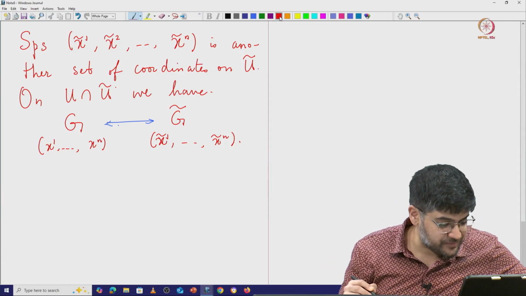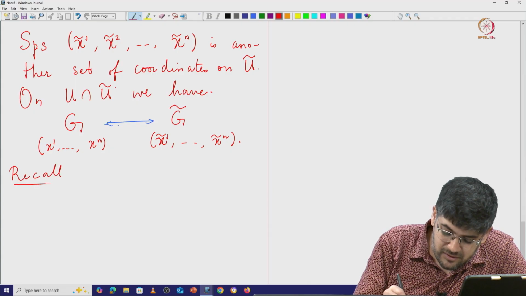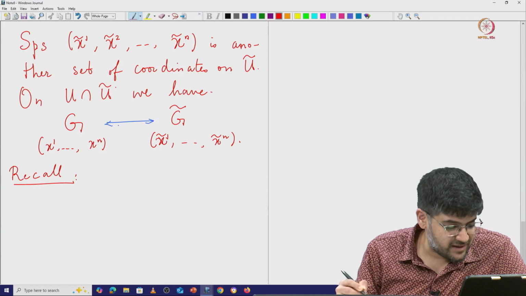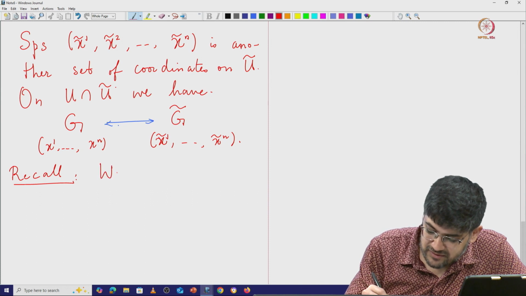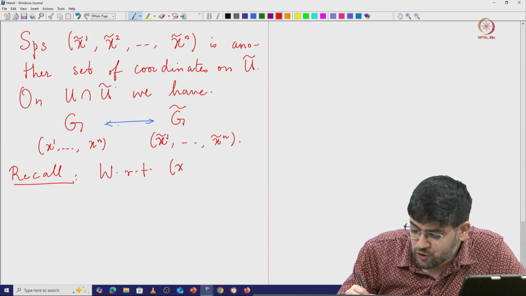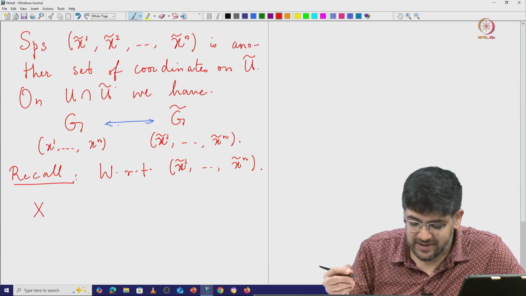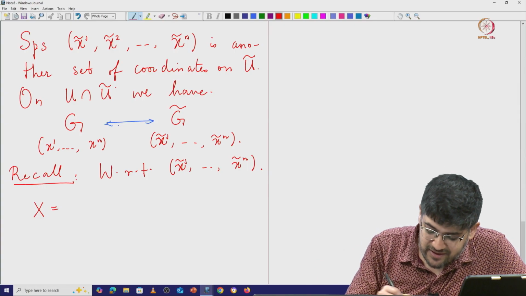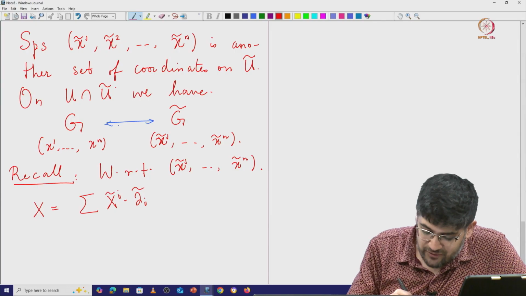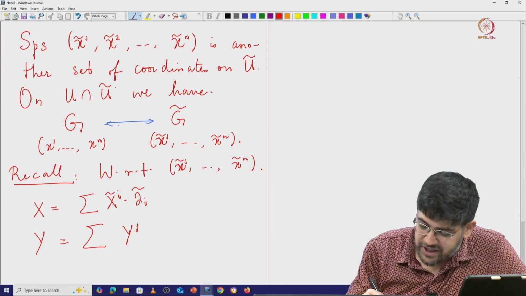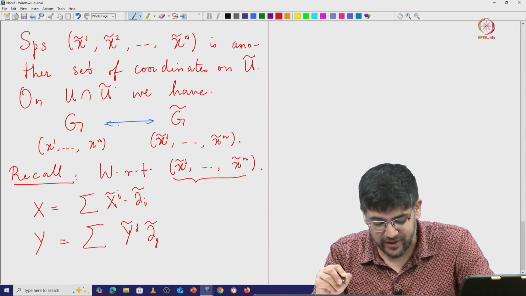Okay, so recall that with respect to this new basis, for the same vector fields that I had, I can write down X as the summation x̃^i del̃_i and Y as the summation ỹ^j del̃_j, right, with respect to the basis for the tangent space coming from these coordinates.